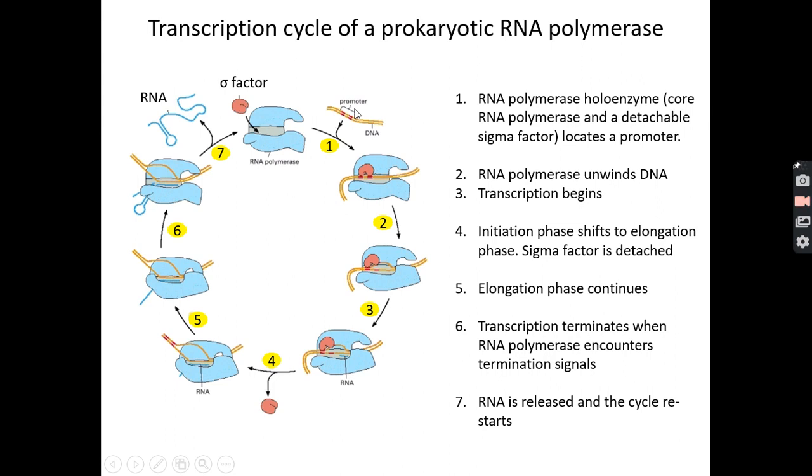So first of all, the holo enzyme will recognize a promoter sequence on the DNA, and the sigma factor is the one that will provide the recognition for the holo enzyme to attach itself to the DNA.